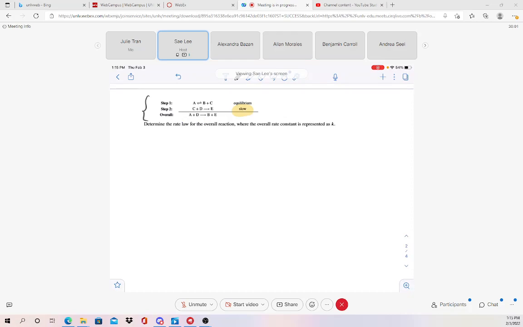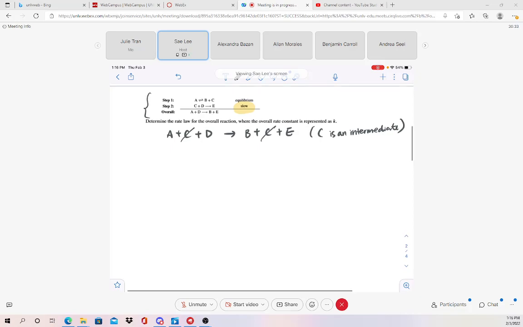All right. So the first thing I'm going to do is find out what the intermediate for this reaction is. So I'm going to add up all the reactants, and then add up all the products. As you can see, C is appearing on both sides, so we know that C is an intermediate.